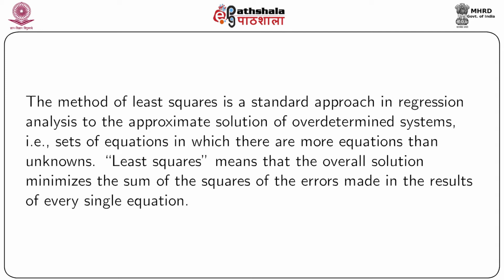In case of a simple linear regression, we write the regression model in the form of y equals alpha 0 plus alpha 1 x plus the error term. In case of the equation of a straight line, we write the equation as y equals mx plus c, where m is the slope and c is the intercept.